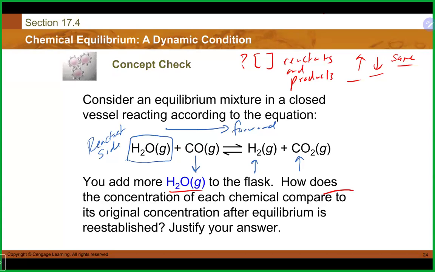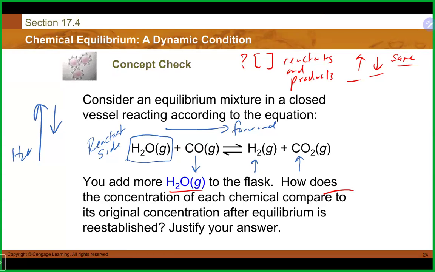That leaves us H2O. What's going to happen with H2O? Well, kind of a weird thing will happen with H2O. Not really weird, but because you added more H2O, what you're probably going to see is it's going to spike up, only because you added it. But once it starts reacting with the CO, we should see it start to come back down because it's now doing the forward direction.